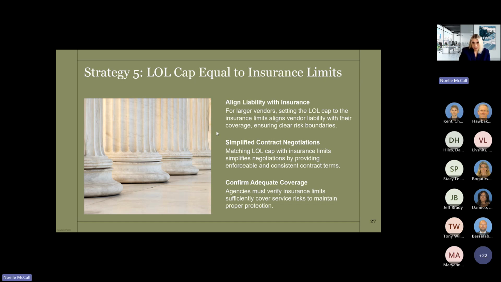And then matching the LOL cap with insurance limits simplifies your negotiations with that larger vendor by providing enforceable and consistent contract terms. Agencies need to verify the insurance limit sufficiently covers service risks to maintain proper protection.